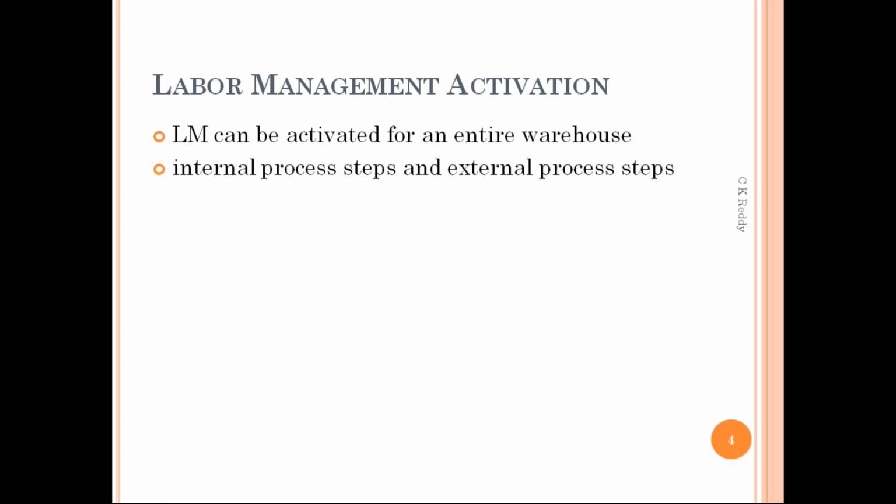Means we are bringing down this functionality up to internal processes. Okay, now for example, VAS internal process step is there. Kitting also comes under the VAS, or else some VAS packaging or some other packaging.